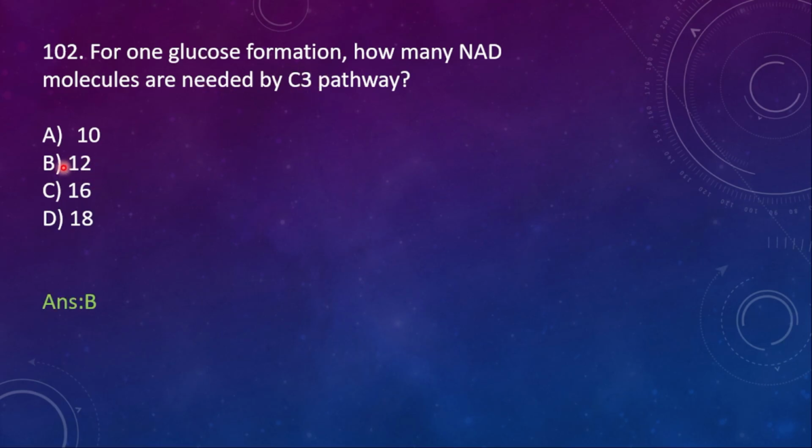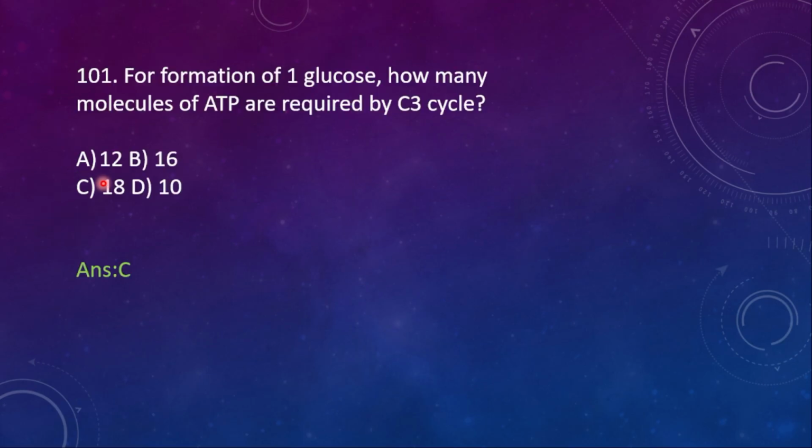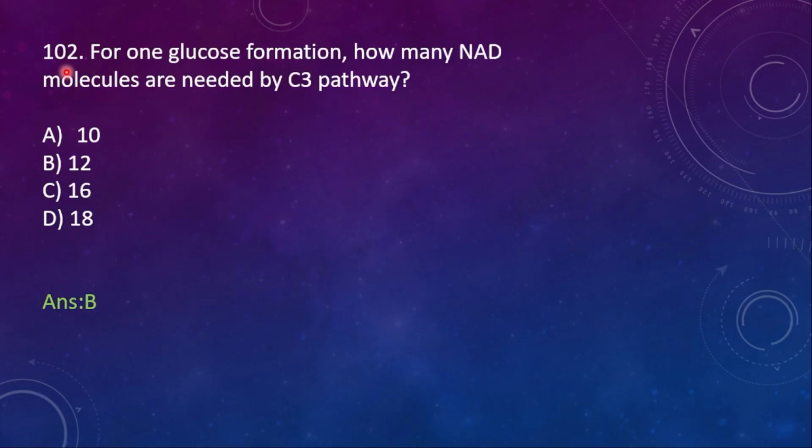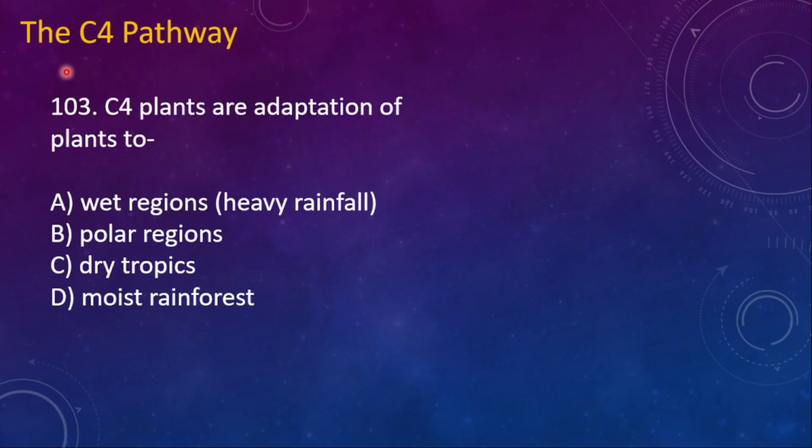It needs 12. So keep in mind, the C3 pathway requires 18 ATPs and 12 NADPH molecules for the formation of one glucose. From now, C4 pathway questions.